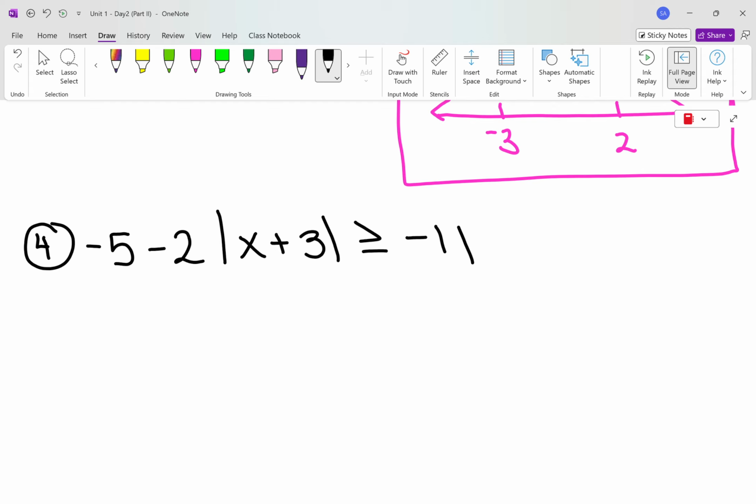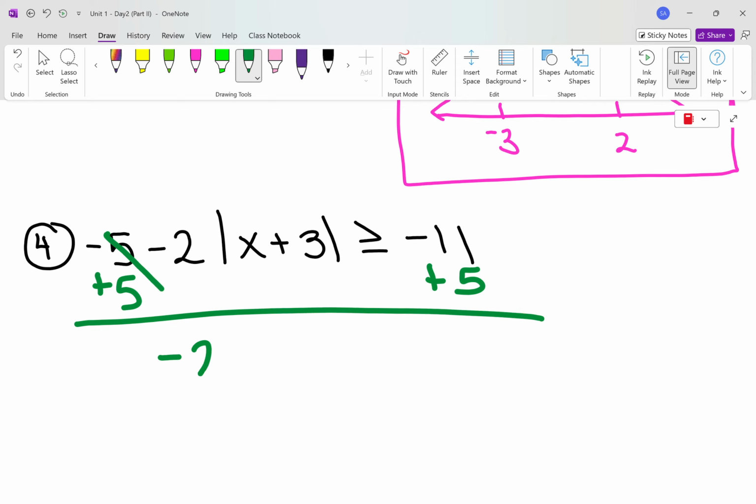To isolate it, we need to move everything else away. So what I'm going to do is first add the -5 over. So when I do that, we do +5, +5, and we're going to get -2 times the absolute value of x plus 3 equals -6. Now, I'm not going to add the -2 over because it's being multiplied with the absolute value.